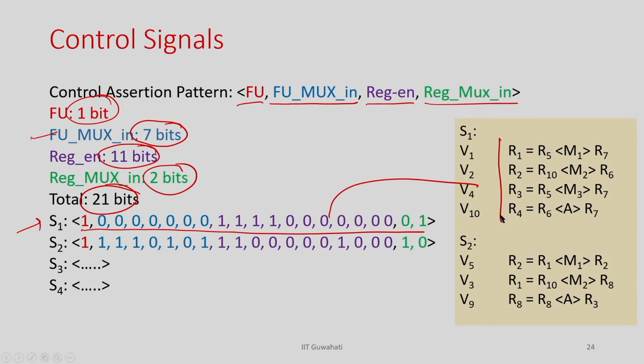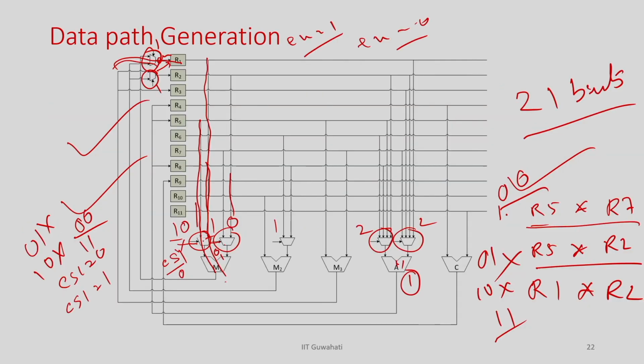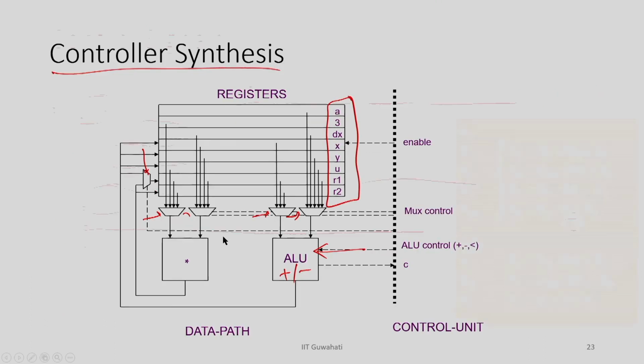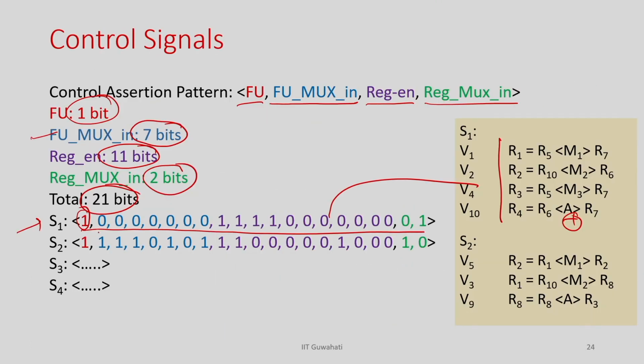So, if I explain, you see here I am doing 1, say 1 means a plus. Since I am doing a plus here, I am putting 1 here, and since every multiplexer is taking the left input, that is why I am putting all 0, right. So, all the multiplexer inputs are actually 0 here. You see here all are 0, and since I am only updating registers R1, R2, R3, R4, these 4 bits are 1 and the rest of the register enables are 0.